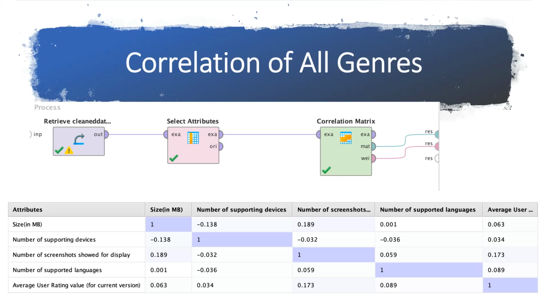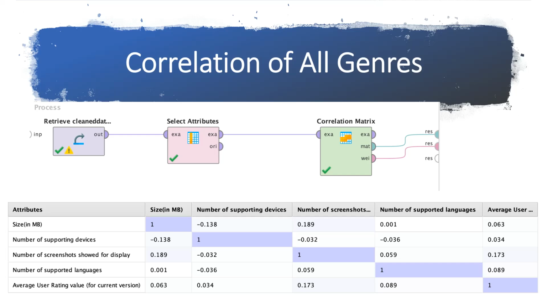They are obviously less than 1. The highest correlation is 0.173, which is the correlation between the number of screenshots showed for display and the average user rating value for all versions. There are two negative correlations.